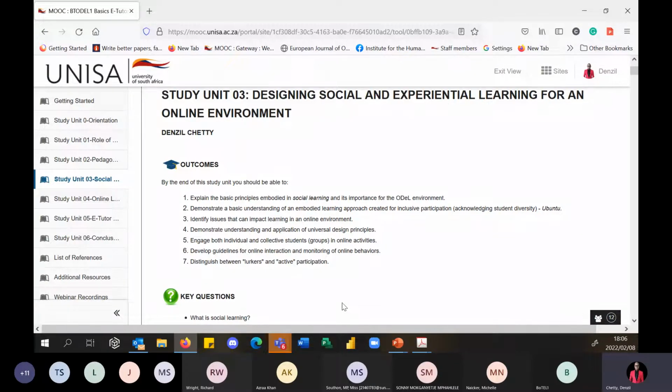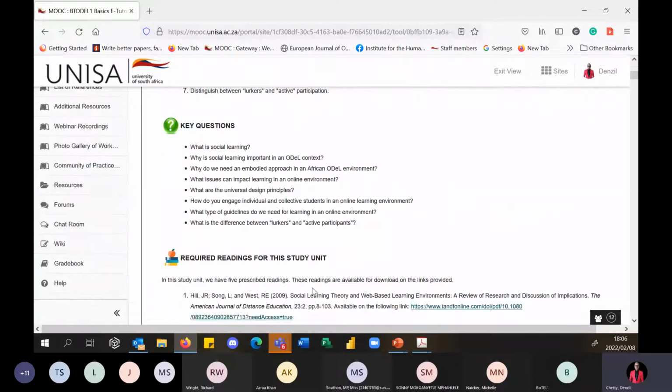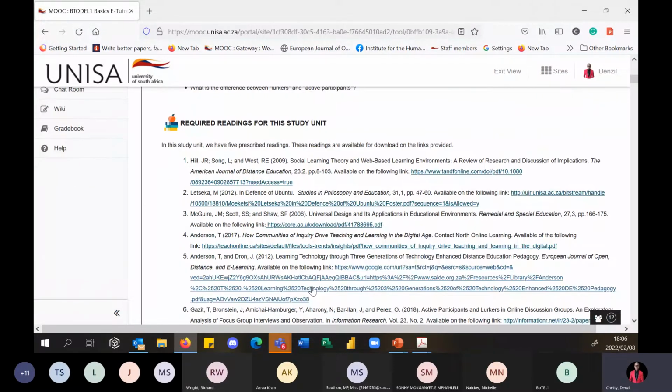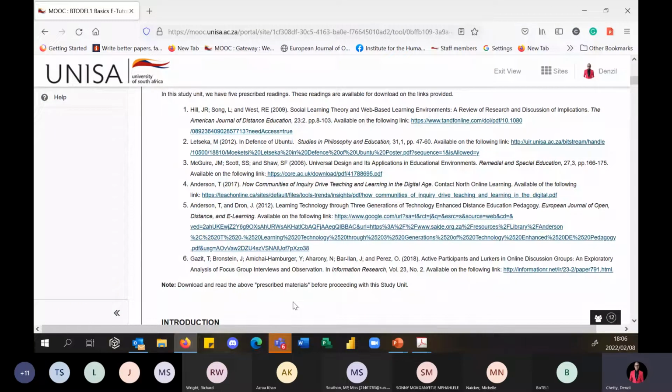So the required readings: we've got a few readings that are very important for you. The first reading focuses on social learning in web-based environments. The second reading, by Professor Moketsi Letseka, looks at the notion of Ubuntu in an online environment. Then we look at the universal design principles in terms of designing online tutoring sites.